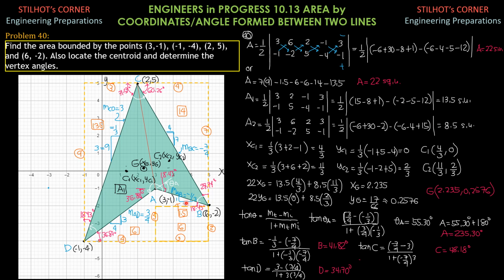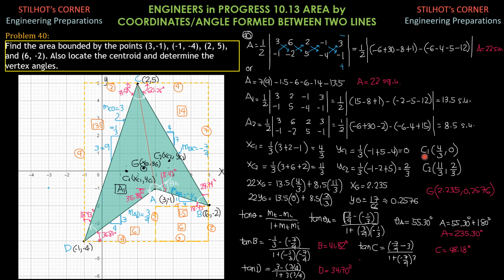Therefore, centroid: remember, the formula for the centroid of a triangle is 1/3 of the sum of the x coordinates. So x sub c1 is 1/3 of 3 plus 2 plus negative 1, which is 4/3. Then y sub c1 is 1/3 of negative 1 plus 5 plus negative 4, and that is 0.